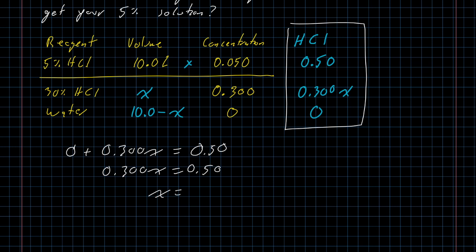So I grab my calculator, I divide 0.50 divided by 0.300, and I get 1.something. I guess I only have two significant digits, so I'll round that to 1.7.